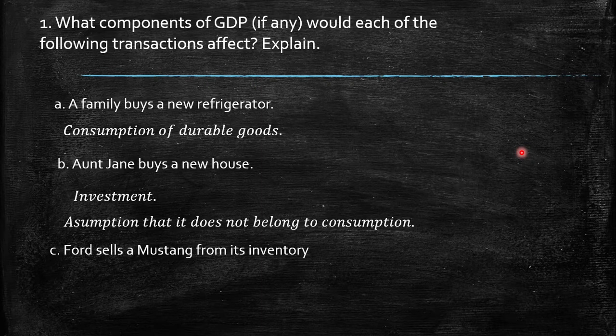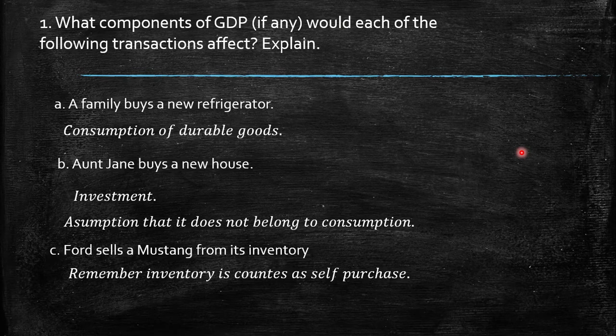C. Ford sells a Mustang from its inventory. Well, remember, inventory is counted as a purchase itself. So when this Mustang wasn't sold in the previous period, it was counted in inventory with its market value as a purchase by the same company.